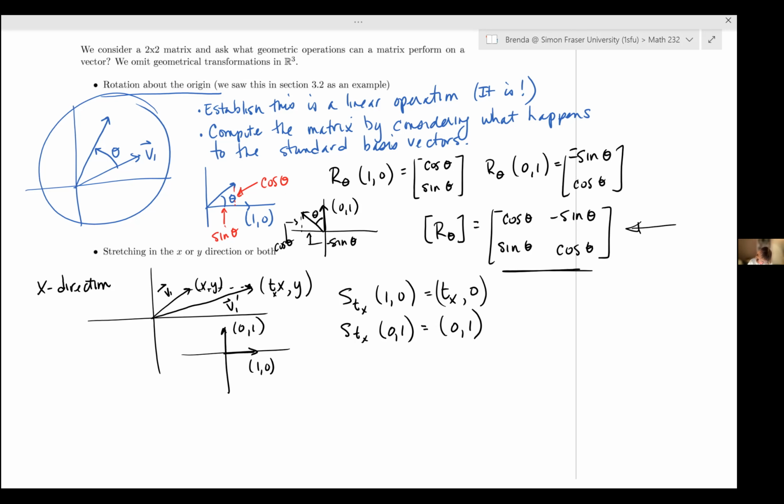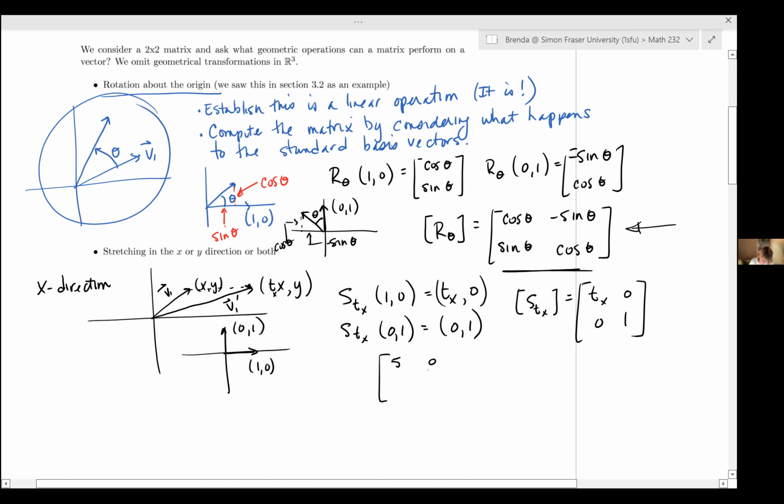So now I can write this out as a matrix. A stretching matrix by a parameter TX in the X direction looks like this. There it is. Okay, try it out. Let's just assume that TX is 5. We're going to stretch by 5 in the X direction.